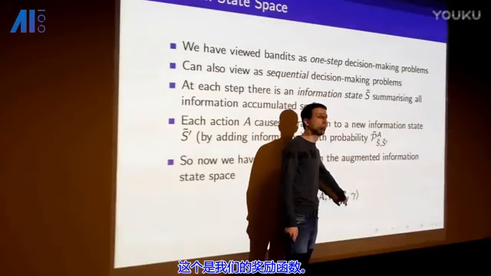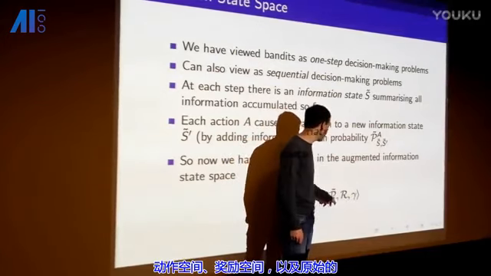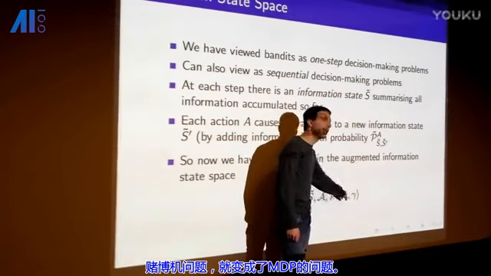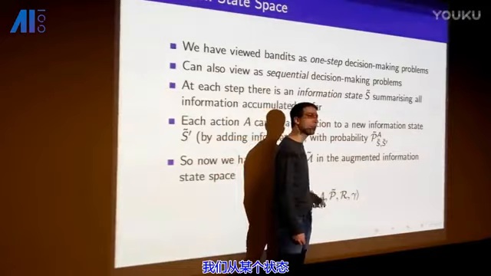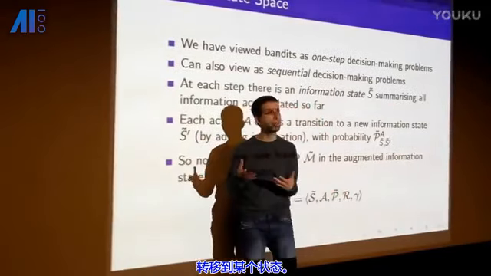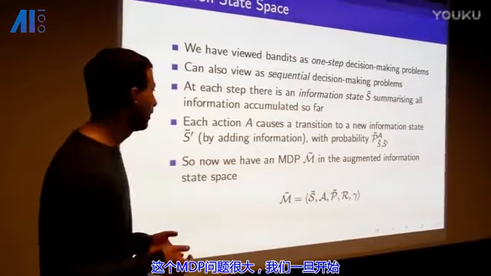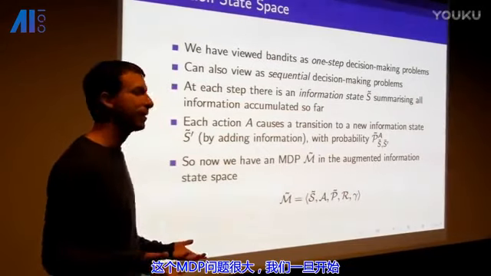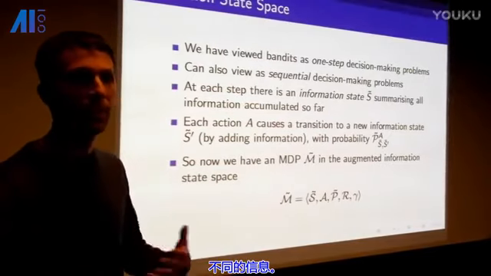We've got my normal reward function. We've augmented our original bandit problem, which was A and R, to make an MDP that takes us from information state to information state as we traverse this bandit, as we try different things. This is a very large MDP. This tells us about all the different possible information states we could be in as we start to explore this bandit.